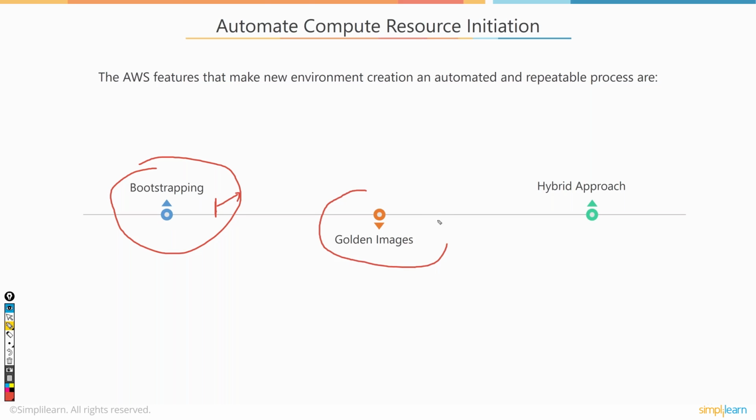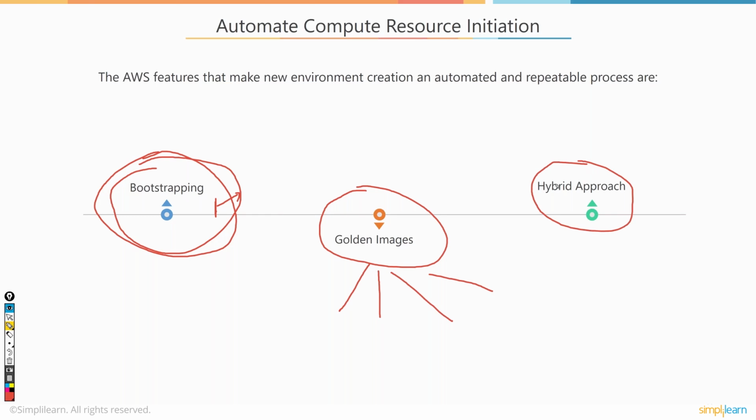You can achieve the same by having a golden image, which is a copy of a server that is already set up with the application after bootstrap. You take a copy of it at a point in time, and then you can deploy multiple of those images, or you can have a hybrid. In fact, we use hybrid a lot. What we do in the real world is create a golden image of a server with the OS and everything sitting on it, even security and all the policies.